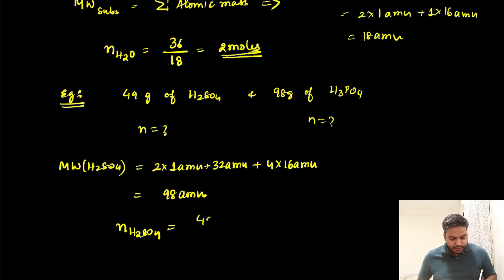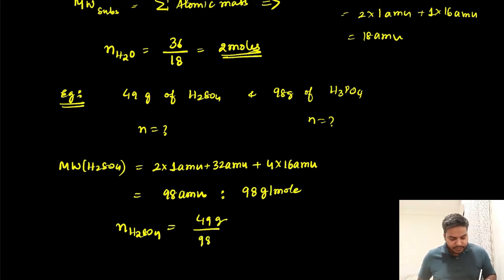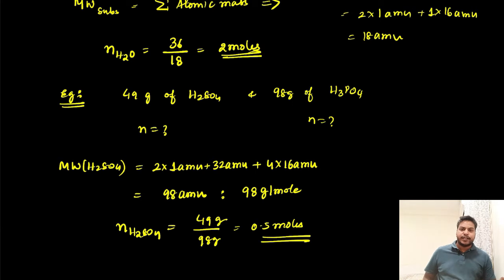So 49 divided by 98. See, this 98 AMU can be written in other units as 98 gram per mole. So for 1 mole it will become 98 grams. So 49 grams divided by 98 grams here, which implies it is 0.5 moles. So 49 grams of H2SO4 represents 0.5 moles of H2SO4.